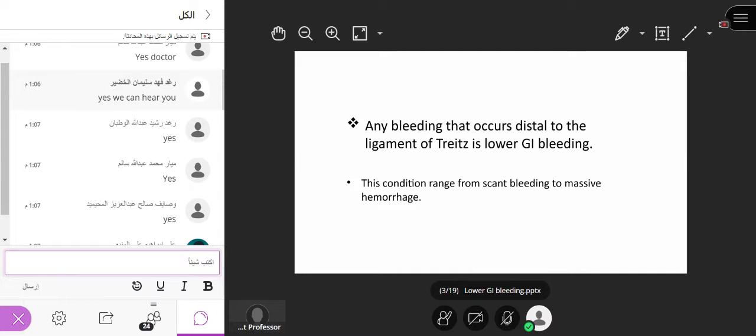Right. This condition ranges from scant bleeding to a massive hemorrhage. So bleeding can be very small in amount and it can be very massive. But there is some issue: in upper GI bleeding, we say the stool will be blackish, tarry black and sticky stool.